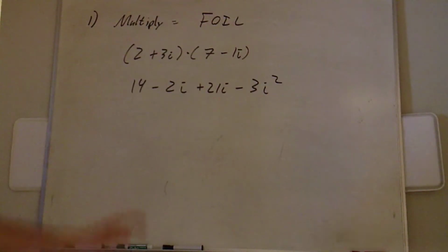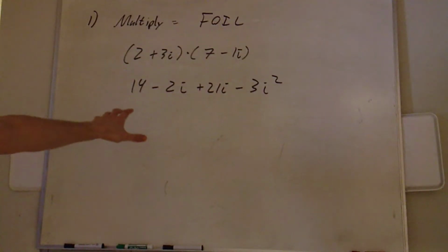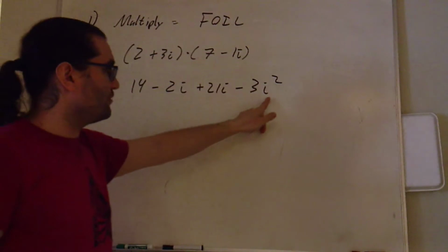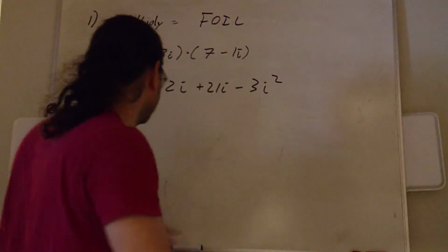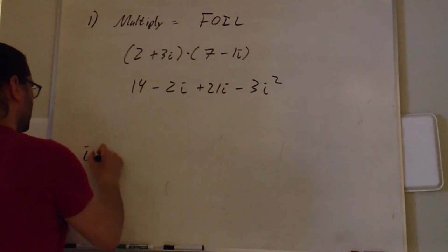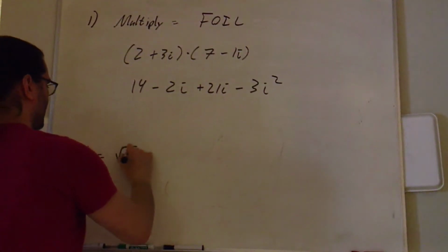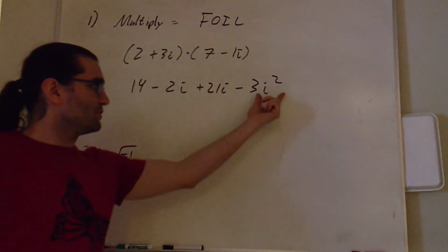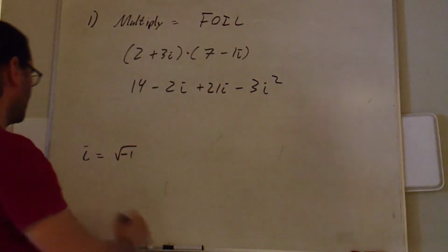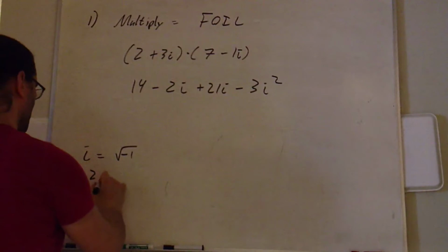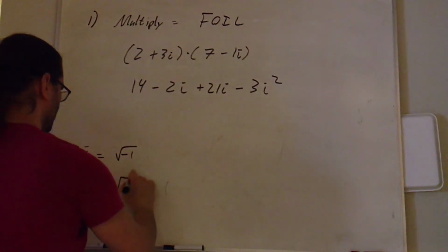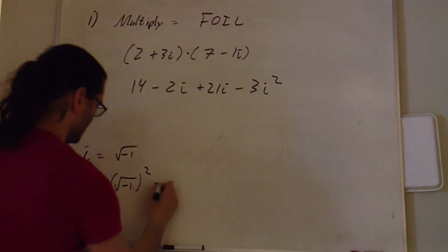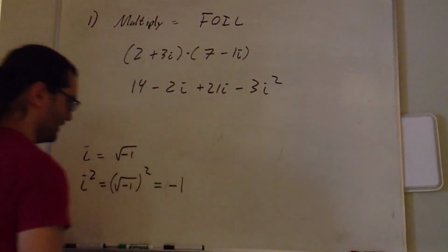So now here's where this stuff gets just a tiny bit sneaky. We have to remember what i means. i is the square root of negative 1. So here we have an i squared. i squared is the square root of negative 1 squared, which is negative 1.